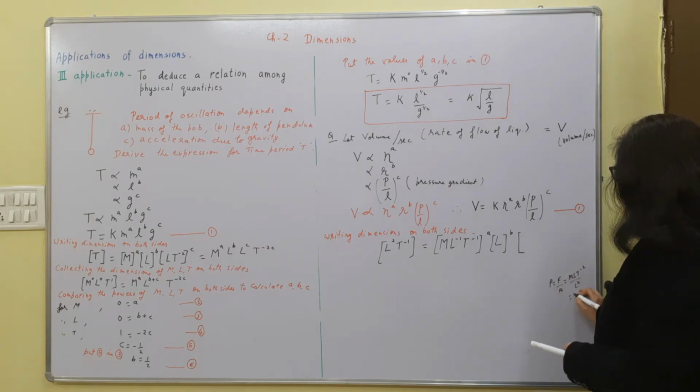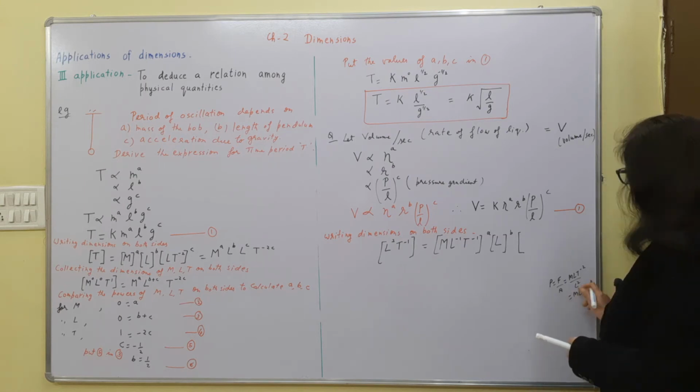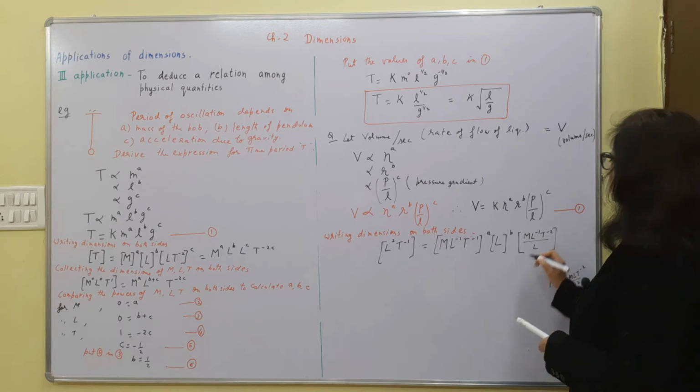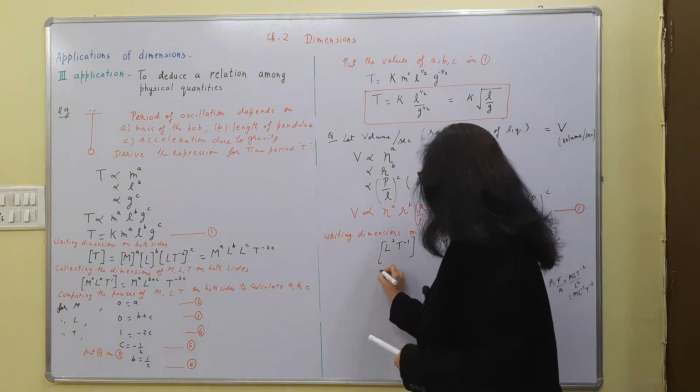So this is m L minus 1 t minus 2. Or upon L, so this is m L minus 2 t minus 2 is pressure upon L. We can club these in the next step.